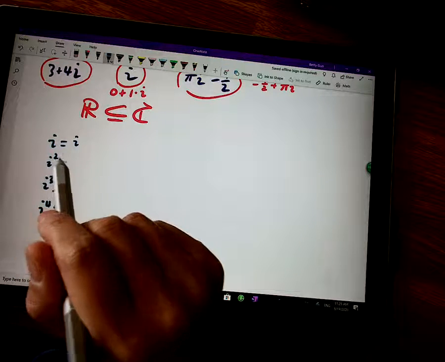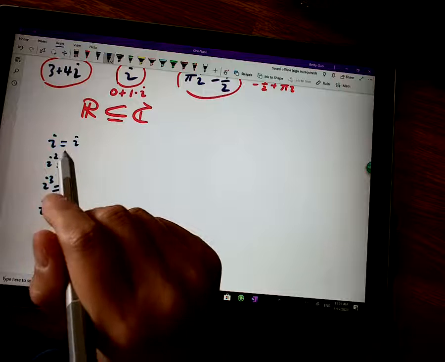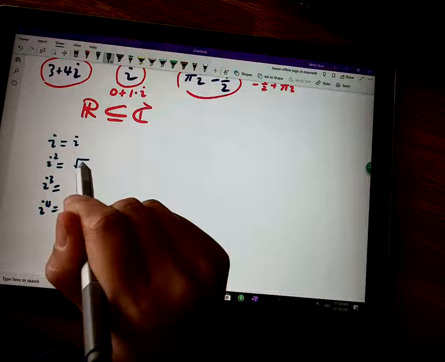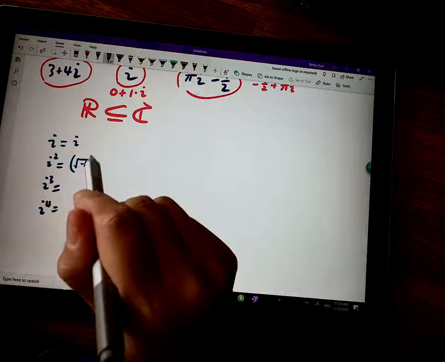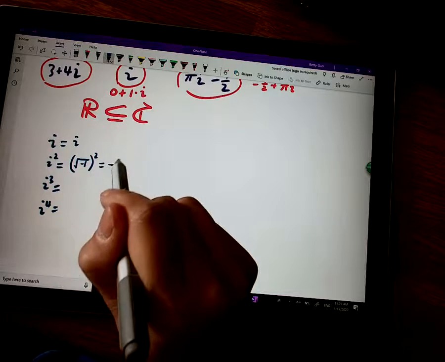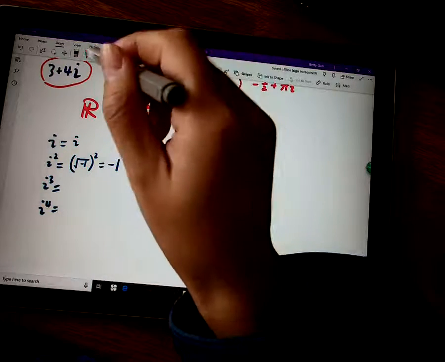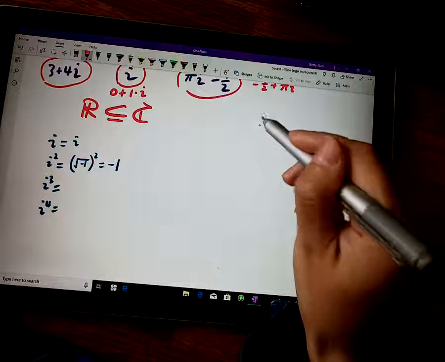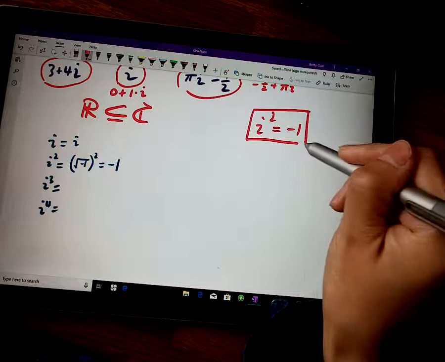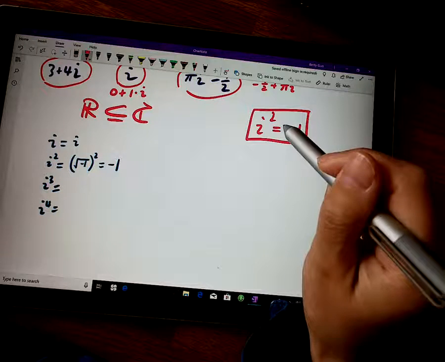What about i squared? If i is defined as the square root of negative 1, you plug in. The square of the square root of negative 1 gives you negative 1. So here we have a very, very important formula: i squared equals negative 1.